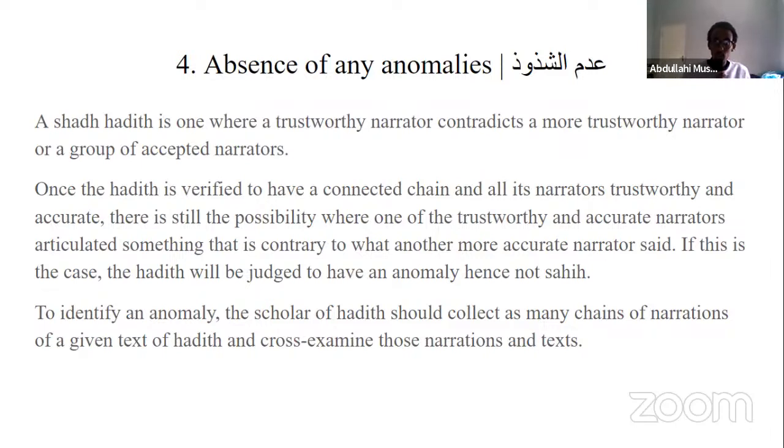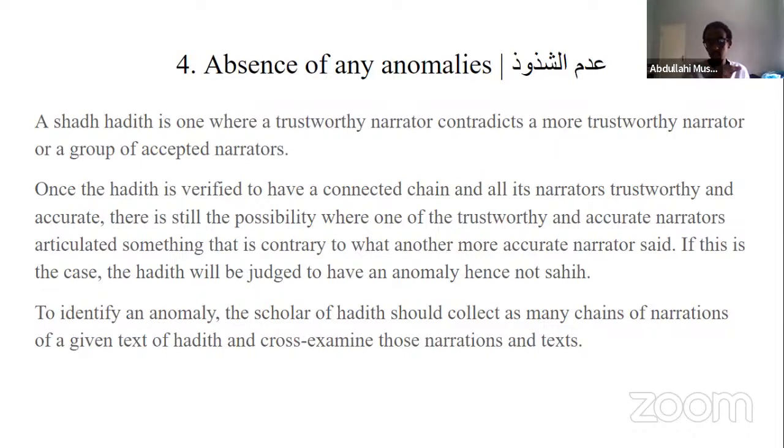In this way, we can see that this quality is a relational quality. It is a quality of the chain of hadith that arises from cross-examining other chains of a hadith. It is not something within one chain of hadith, but this quality only arises in relation to other chains of a hadith.